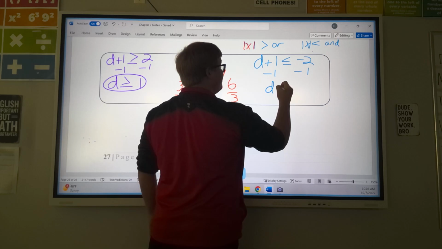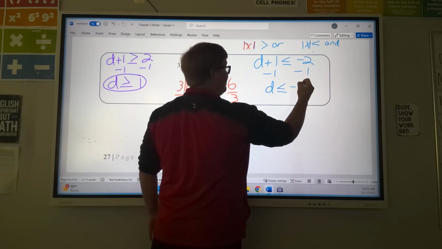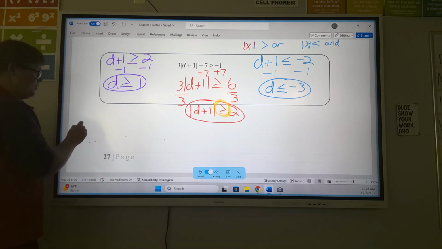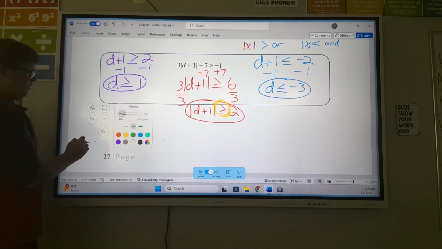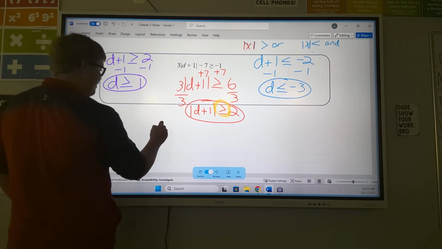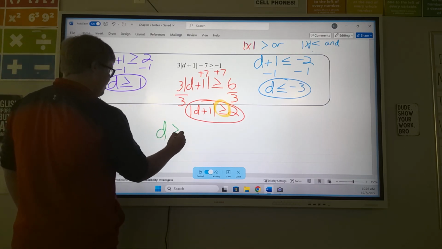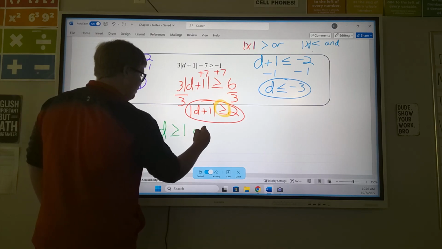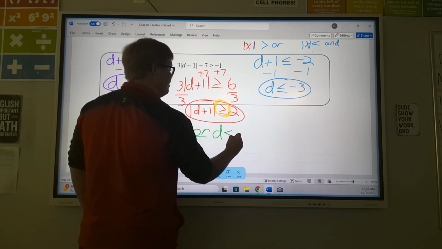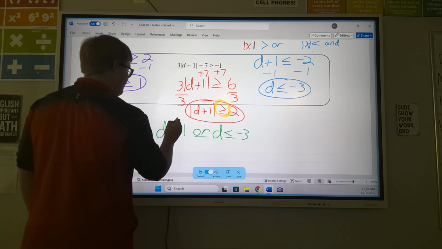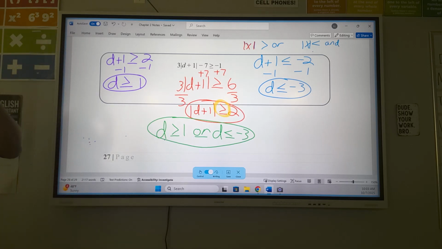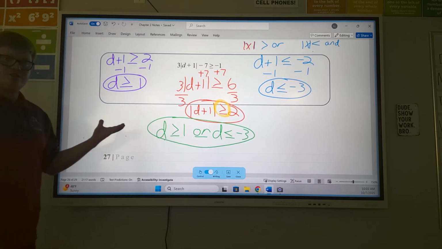We have D is less than or equal to a negative 3. I need you to write your final answer. We know it's an OR compound inequality, so we need to write D is greater than or equal to 1, or D is less than or equal to a negative 3.